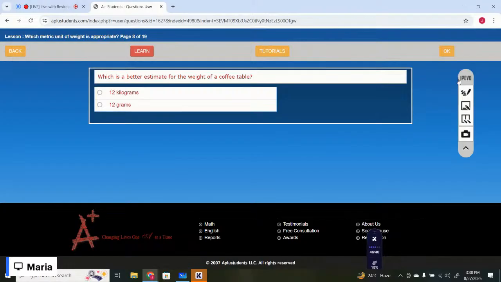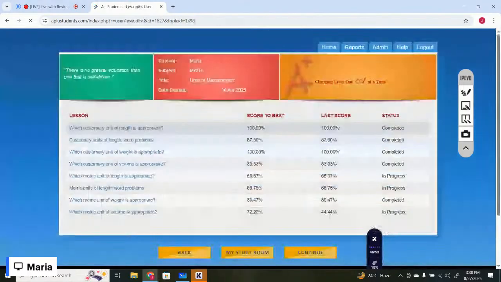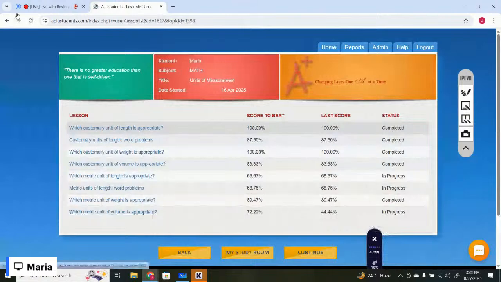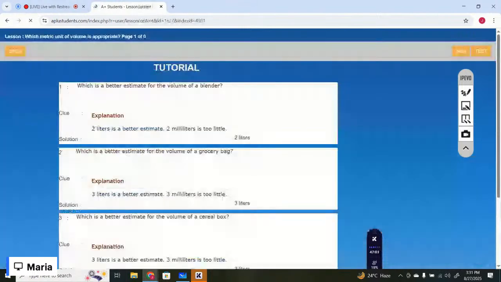It would be 12 kilograms. Okay, you can complete it today. Let me just move on to the next lesson. That is, which metric unit of volume is appropriate?